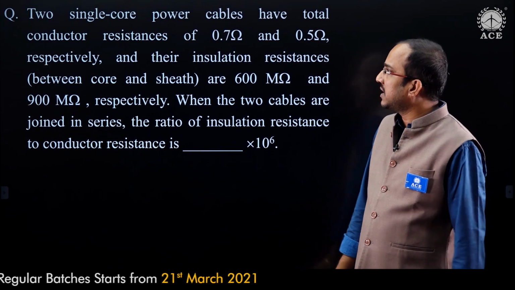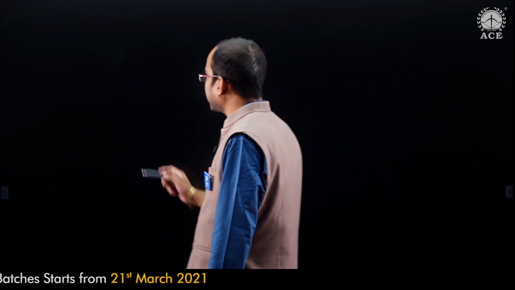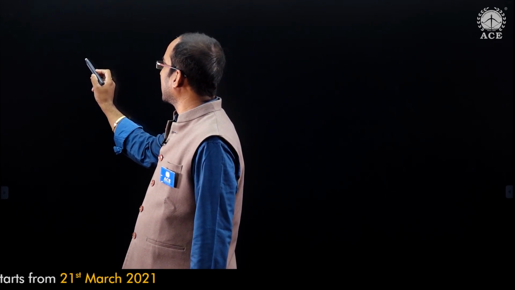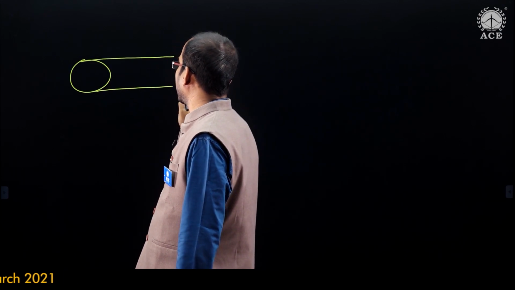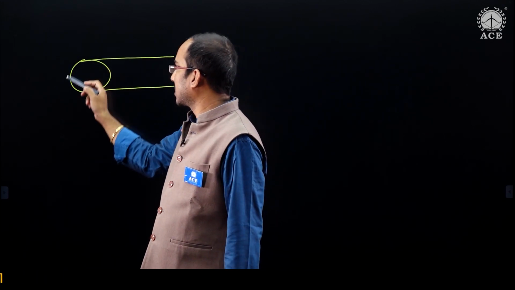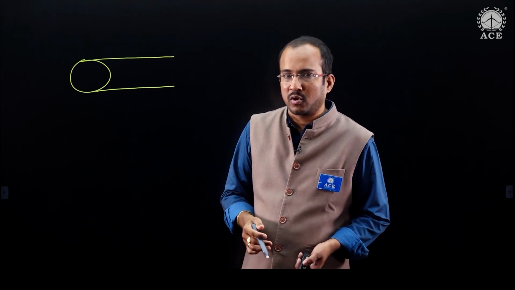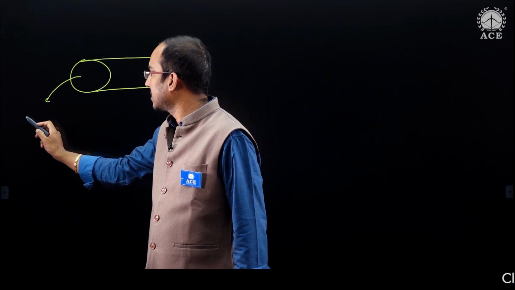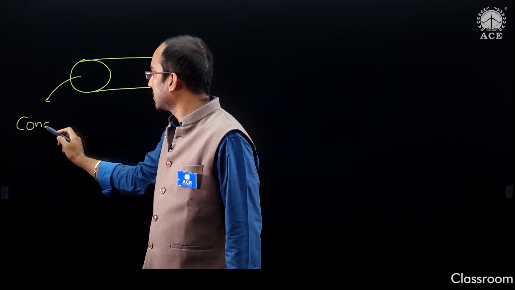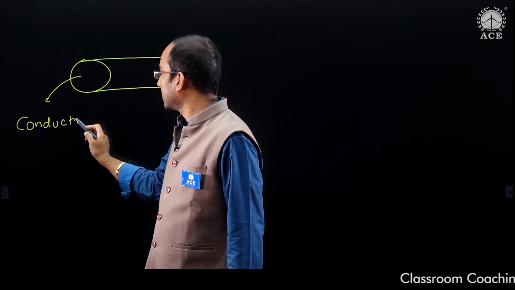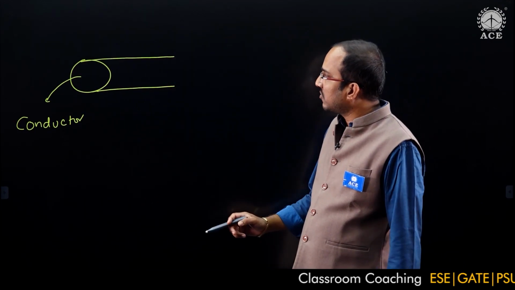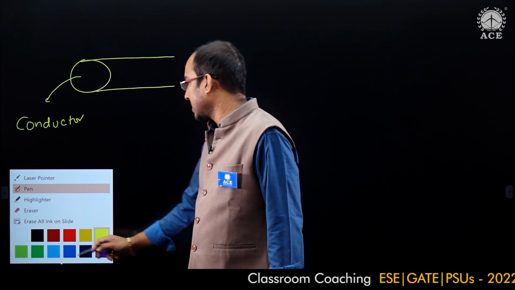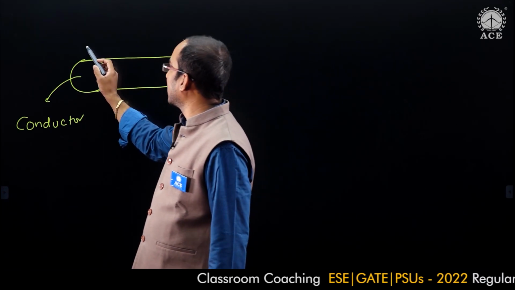Now, let us observe here. Underground cable consists of a conductor or core, and over the surface of the conductor we have insulation.